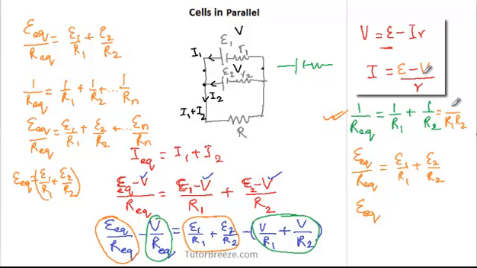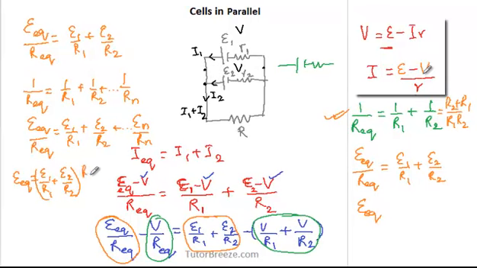This is R1 R2 over R2 plus R1, and next to find R equivalent you would take the reciprocal of this term, so you have R1 R2 over R1 plus R2.